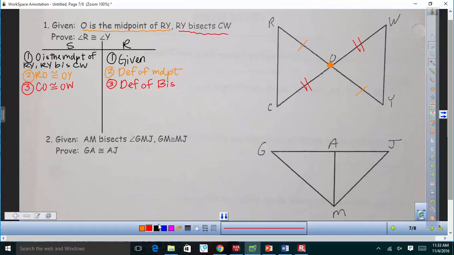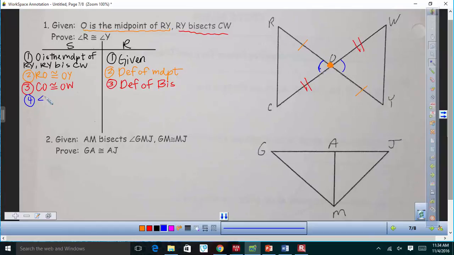Okay, do we have enough to prove these congruent? With a side and a side, and then just a side and a side? No. So I've got to look at something implied by the picture since I'm done with my given. Very good. Vertical angles. So these 2 angles are congruent. Now, how would I label that angle since I can't just label it O?